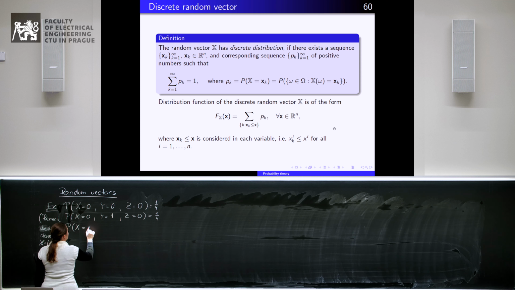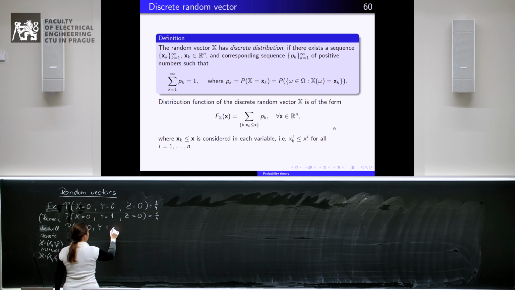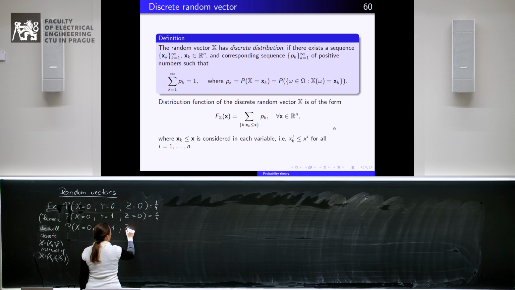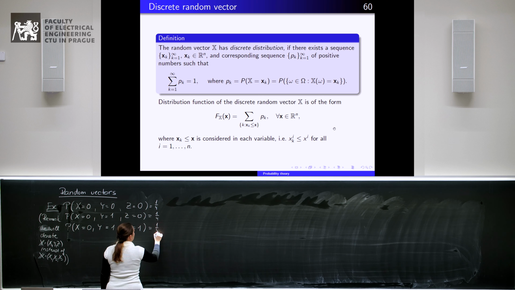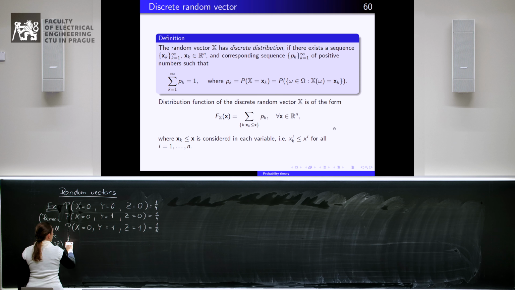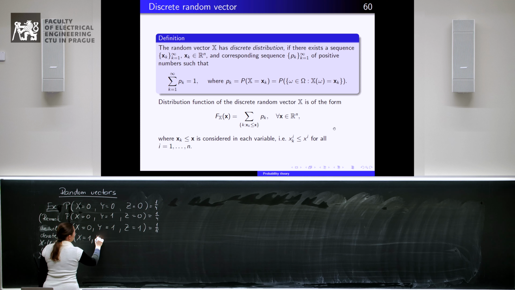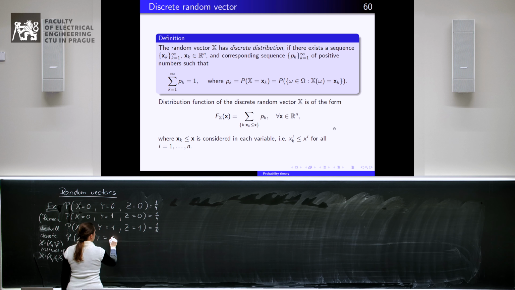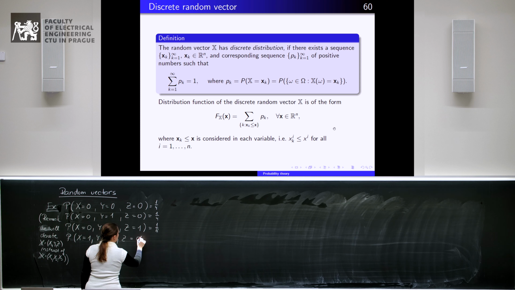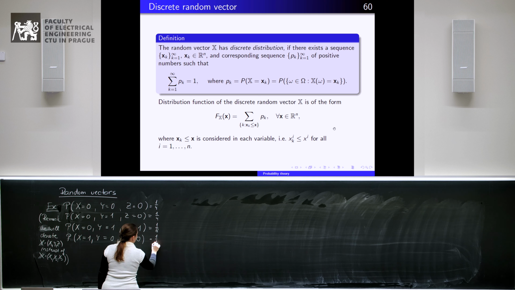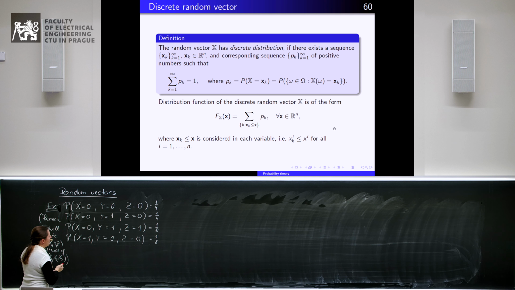The probability that X is equal to 0, Y is equal to 1, Z is equal to 1 is 1/8. The probability that X is equal to 1, Y is equal to 0, Z is equal to 0 is 1/8.